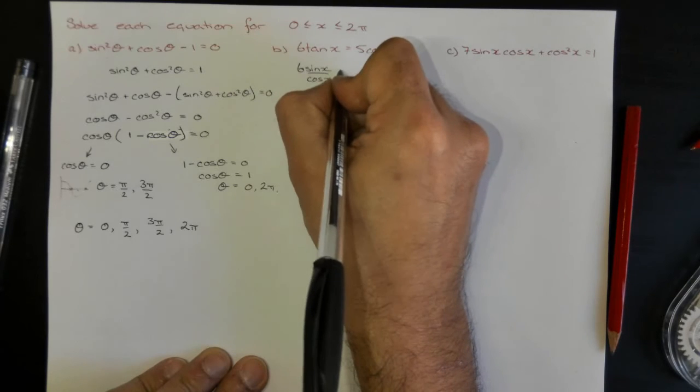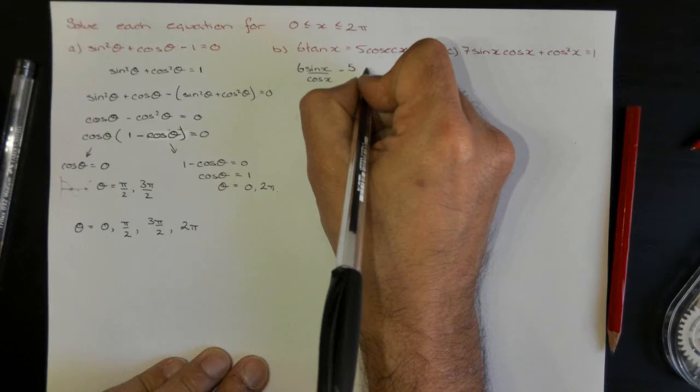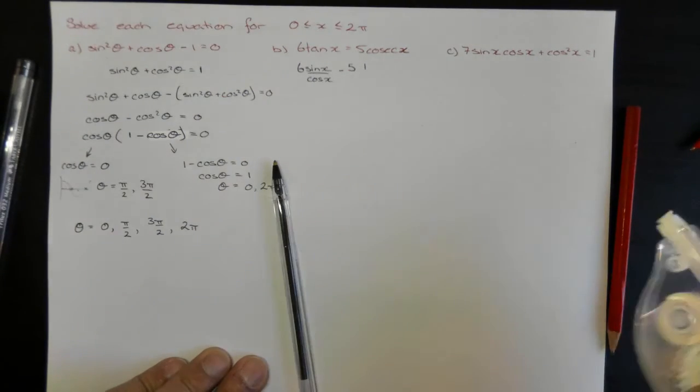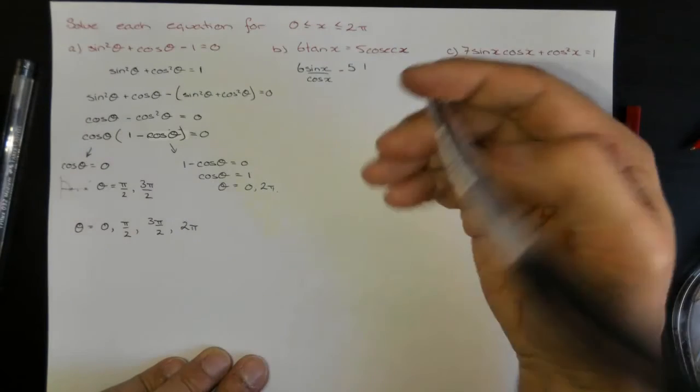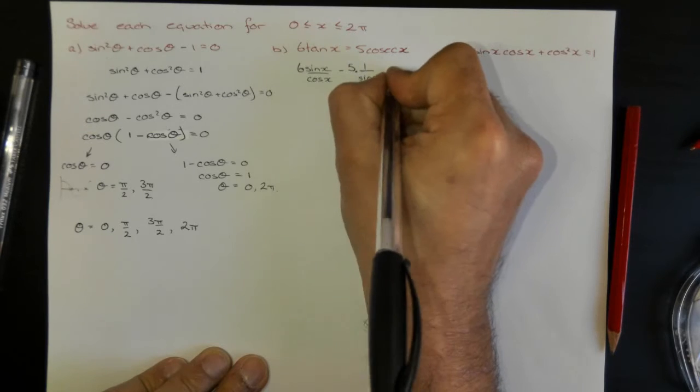I'll bring that over here, so that's going to be minus 5. I'll convert that into terms of sine. That's going to be 1, multiplied by 5, over sine x, and that's going to equal 0.